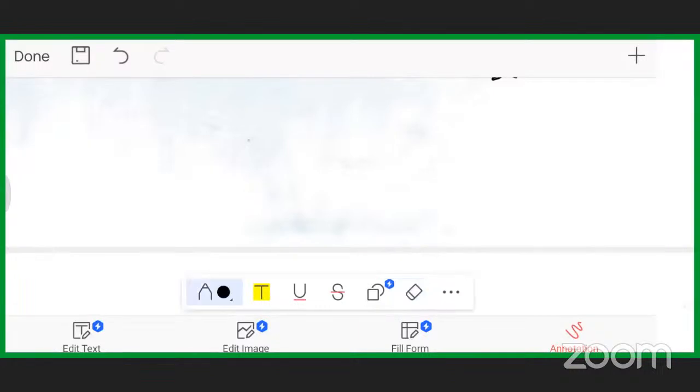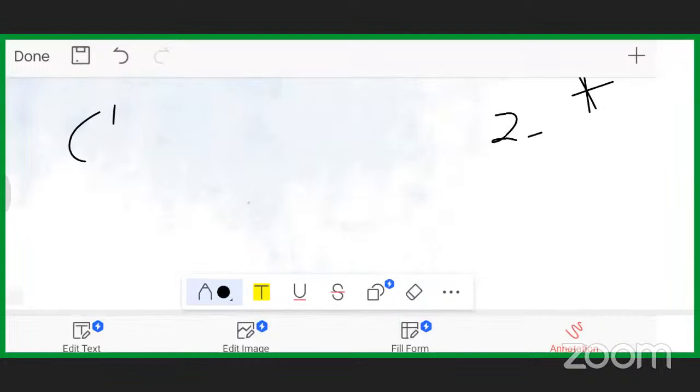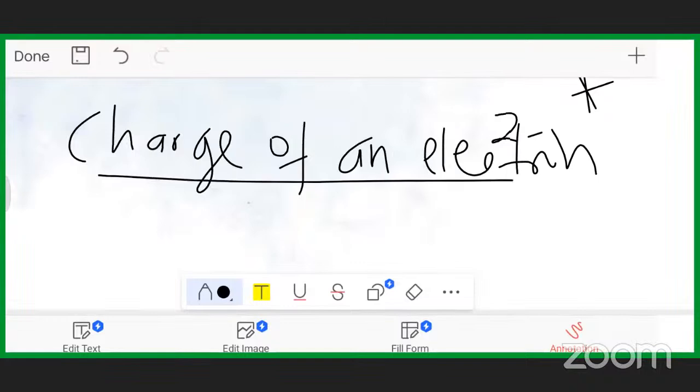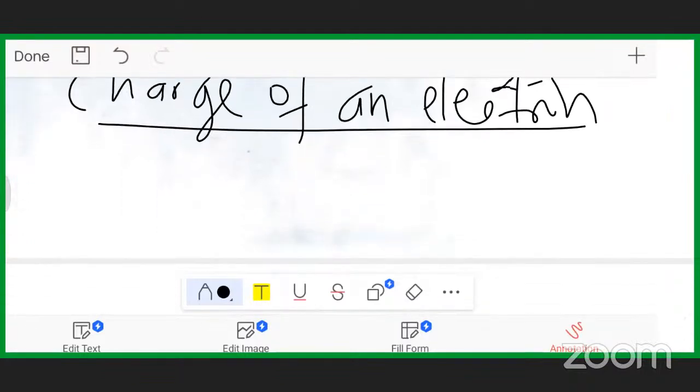Now, the concept of charge of an electron is something called an intrinsic property. It is a property of an electron. It's like something like a mass.